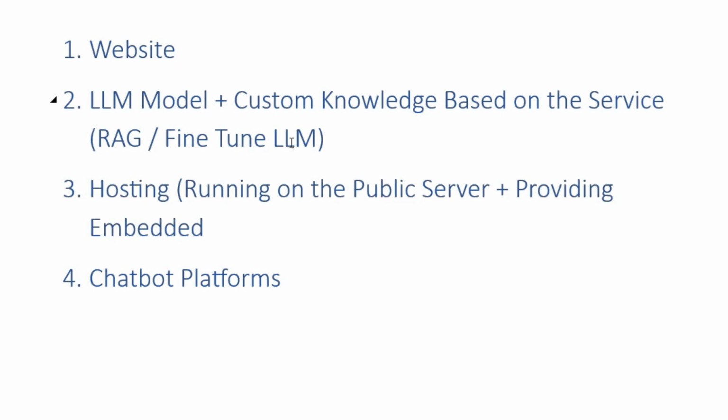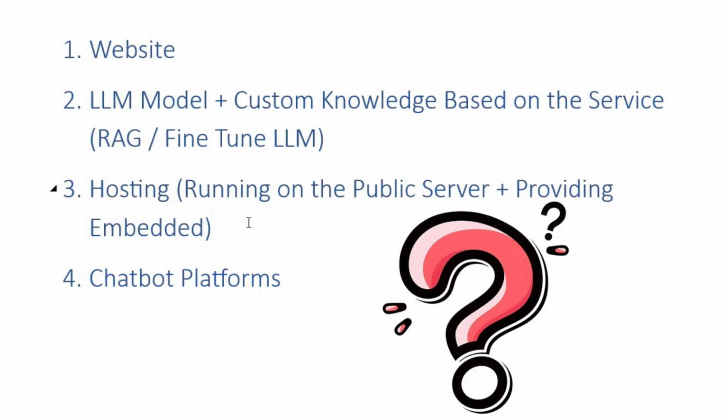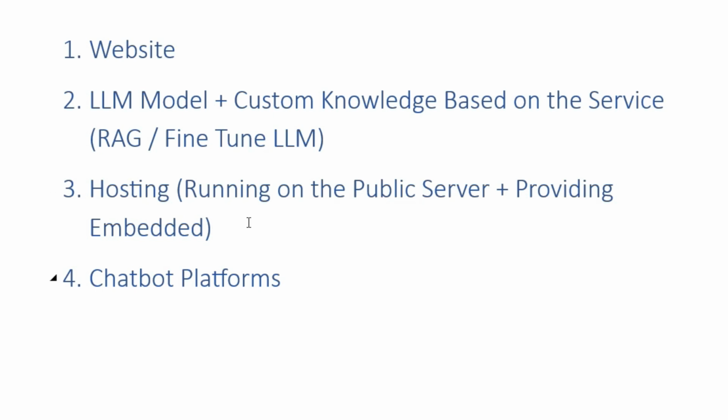The LLM providers, as you know, are in the market. The third most important thing will be the hosting. Hosting means running that fine-tuned LLM or a RAG on a public server and providing the embedded hosting. It's not full hosting, it will be the embedded hosting. We will see it in detail later.